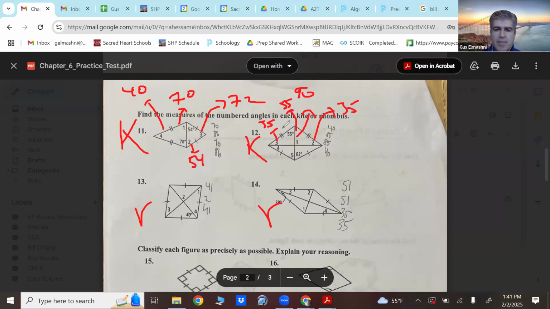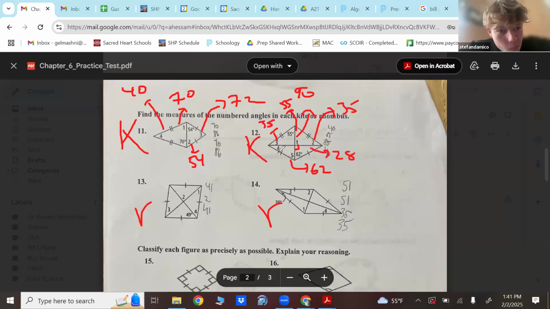Angle 3 is 35. Angle 5 is 62. That's 28. That's 28.